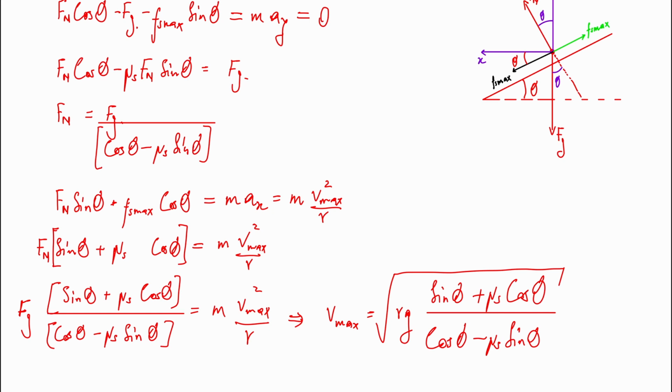This is the maximum speed at which a car can go around a corner with a radius r and an angle of bank theta, and where the surface of the road has this much roughness. That is the coefficient of friction.